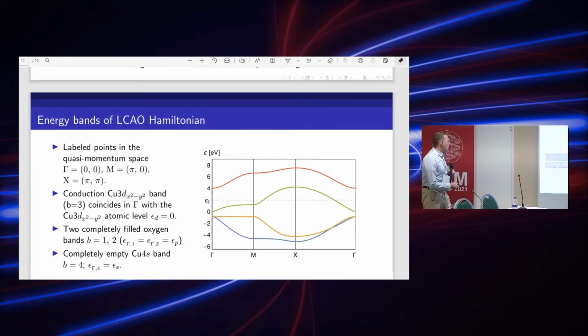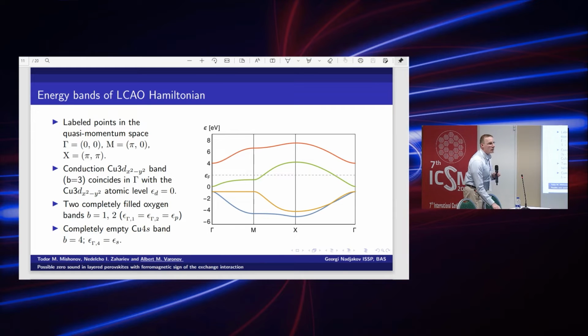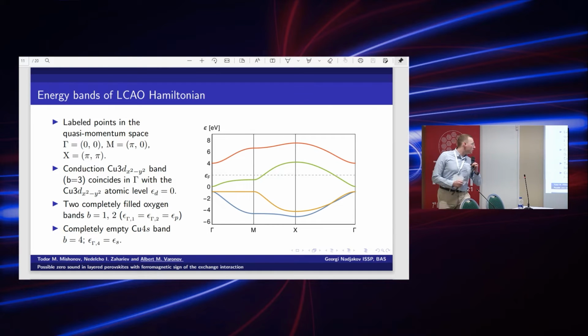and we'll continue. This is the energy bands of our calculation. We can see the P bands, which at the gamma points start from the EP, which are negative. The energy levels of the p orbitals are negative.